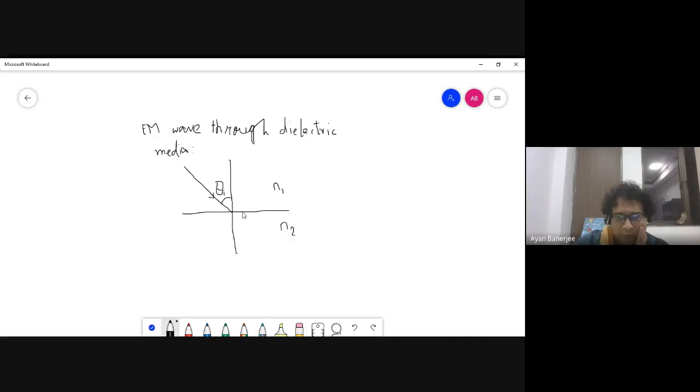Essentially what I'm trying to look at is there is this beam coming in, and what happens at this interface is part of it gets reflected and part of it is transmitted, right? And of course, this is my angle of reflectance, which I know is the same, but which I still write as theta r, and this is theta t.